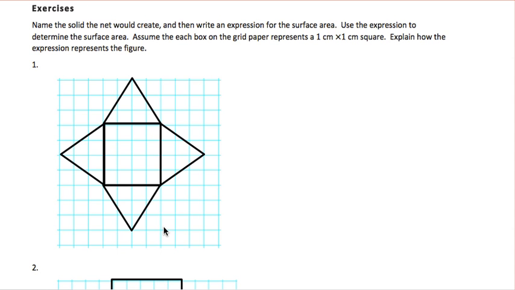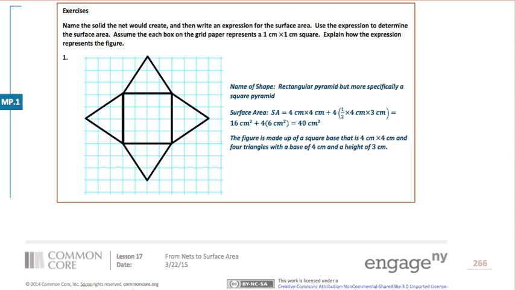In the exercises, we're going to name the solid the net would create, and then write an expression for the surface area, and use the expression to determine the surface area. So our square pyramid, and that's the most specific name for it, has a surface area of 4 by 4, that's our base.